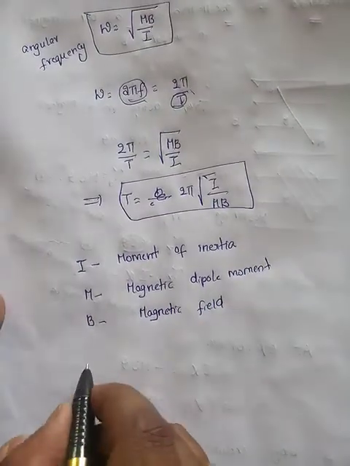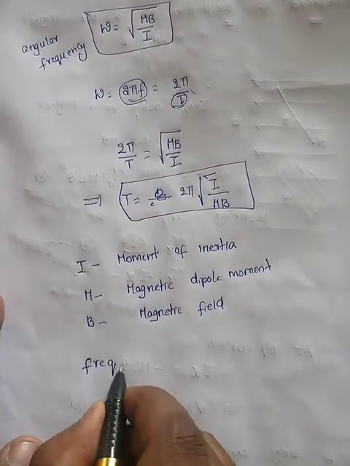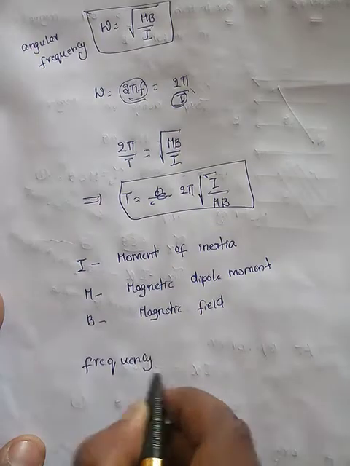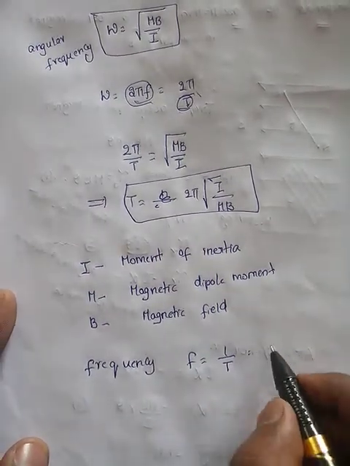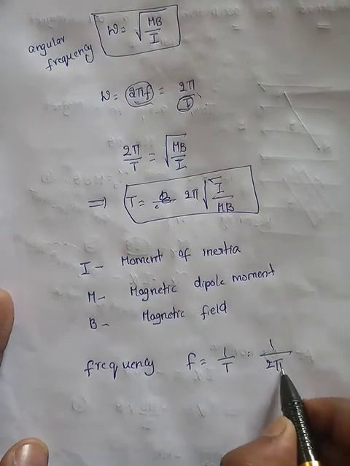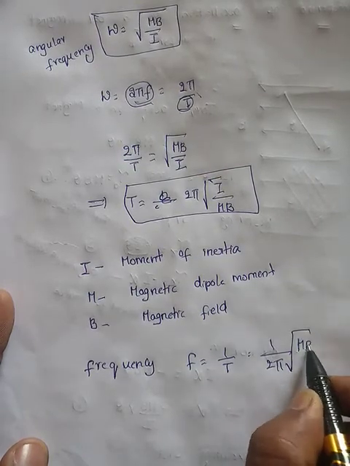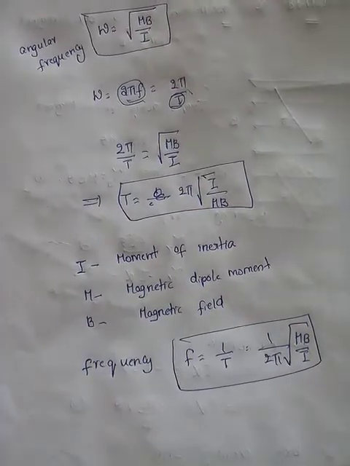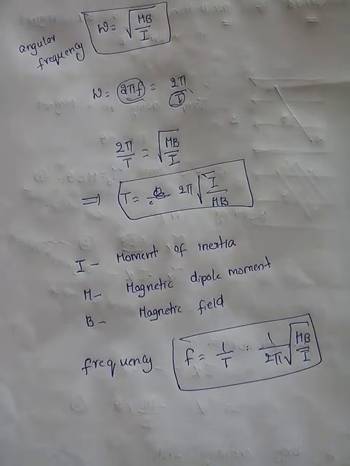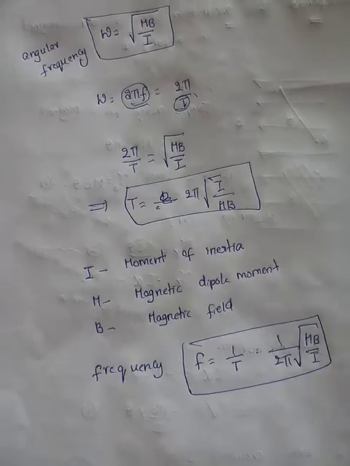If you want the frequency of oscillation, as we very well know, f is equal to the reciprocal of the time period. Reciprocal, if you make it, what? 1 by 2 pi into root of mB by I. So, this is the equation for the time period of oscillation of a magnet in a magnetic field.